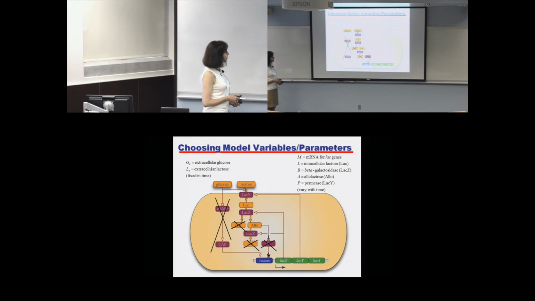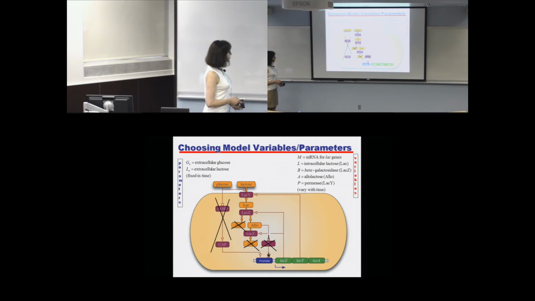So that leaves us with the other players. This is the messenger RNA for the lac gene, intracellular lactose that has gotten inside, transported by permease, beta-galactosidase, which on this slide is lacZ, allolactose, and permease. So our first model will attempt to use those as parameters and those as variables.